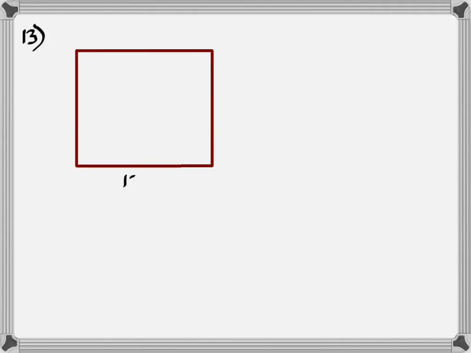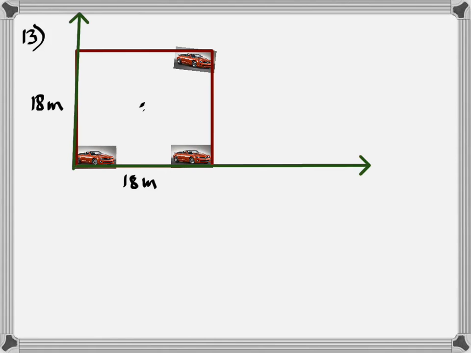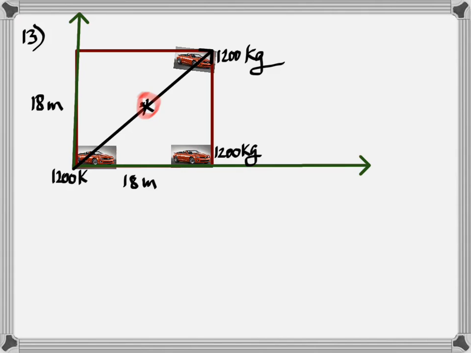And question 13, it's a problem about center of mass. Those are the positions of the cars, each of mass 1200 kilogram. And right here you have the center of the raft, and so the 6800 kilogram can be imagined to be acting right through that point, through the center.